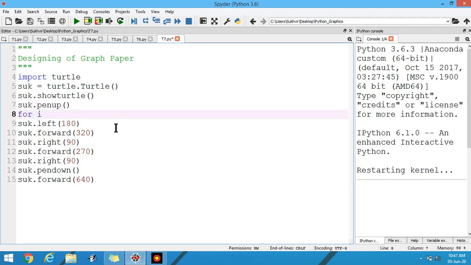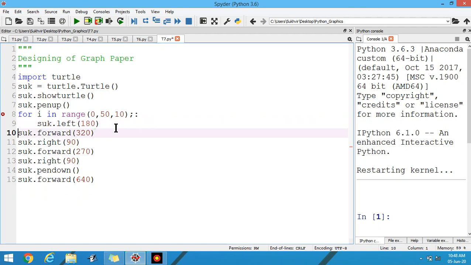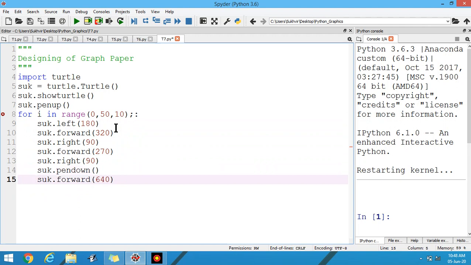For i in range, let us say 0 to 50, that the gap is 10. Indentation is required. Like this.